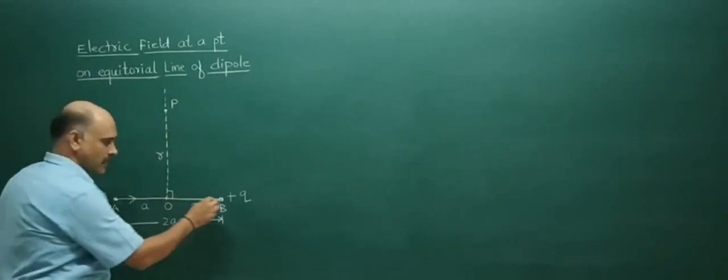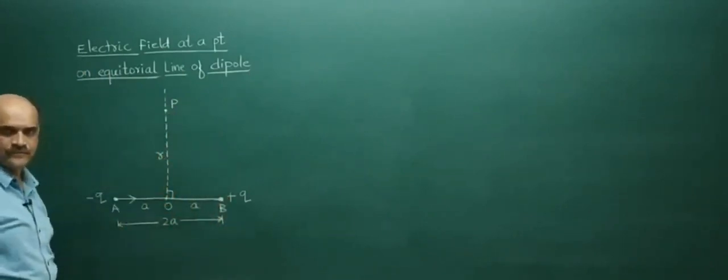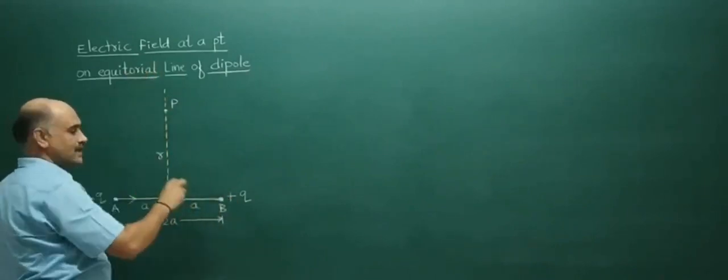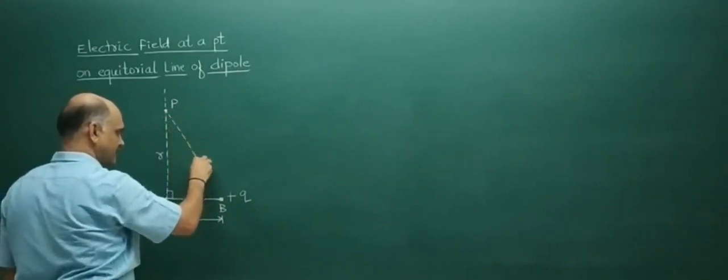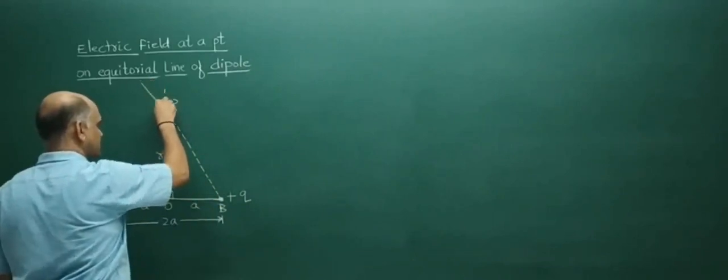Now again there will be an electric field at P due to plus Q. As it is positive, the electric field will be directed away from the positive charge.